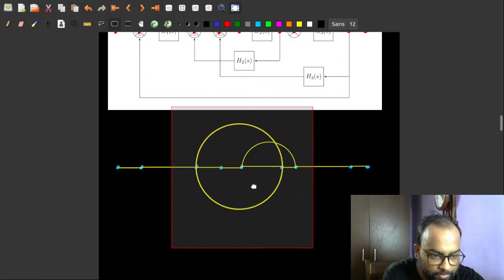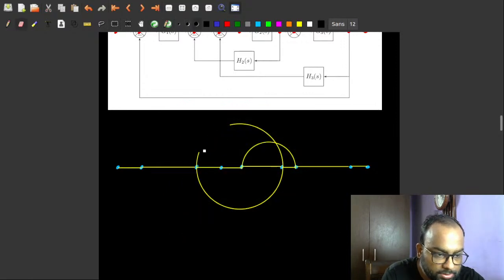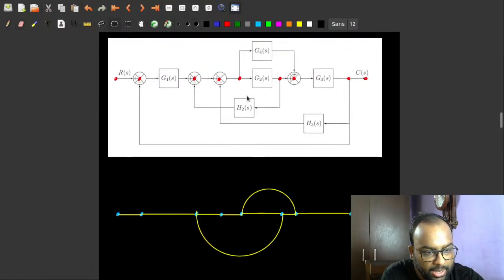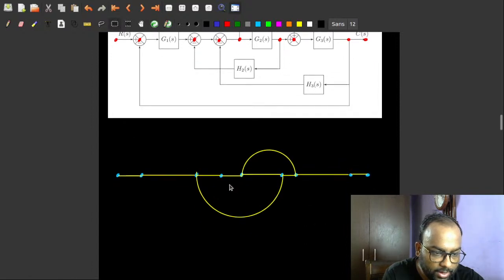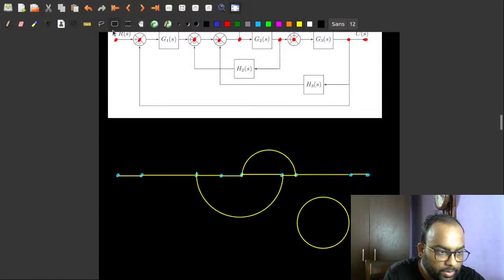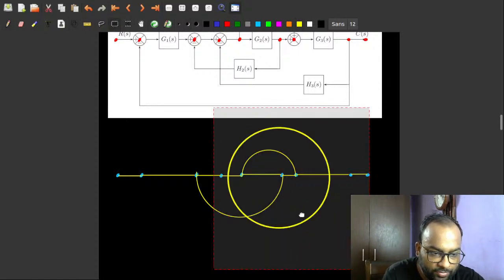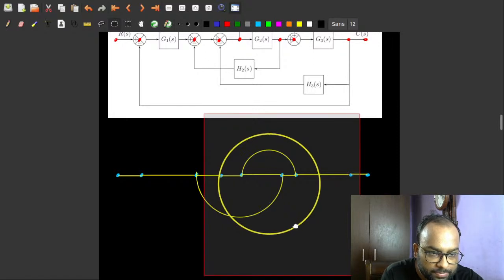I sincerely hope so. Okay, and there is another connection between these two. There's another connection between these two, and see the amount of trouble I go through for drawing all these.